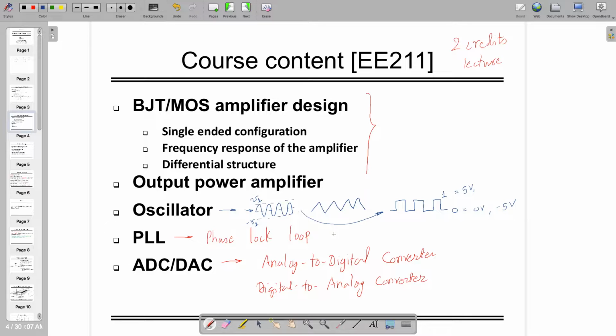So to make that, we have to make one negative feedback loop, which is going to give you the square wave, or it's going to act as a clock for all the digital systems. That's known as PLL. Although the world is analog, we like to process everything in the digital domain. So that's why we are studying ADC and DAC.